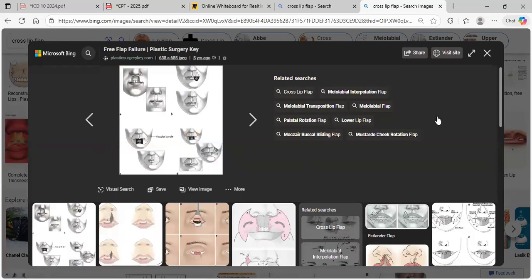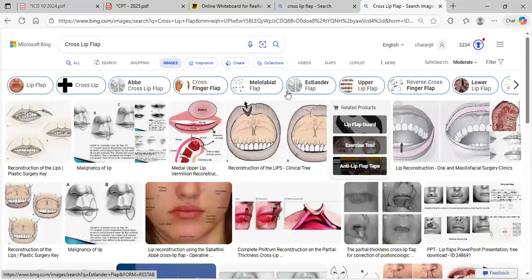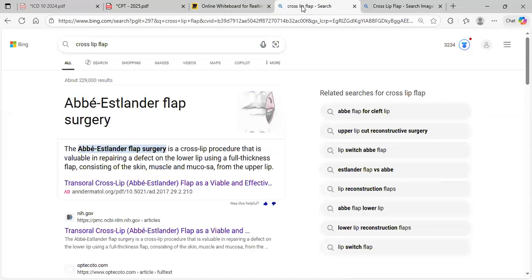So the difference between the flap and the graft is just that in the graft, the complete blood supply has been removed, whereas in the flap, blood supply is not removed, just tissue has been transferred from one place to the adjacent or next place. Clear? Is everyone clear with the difference between the flap and the graft?